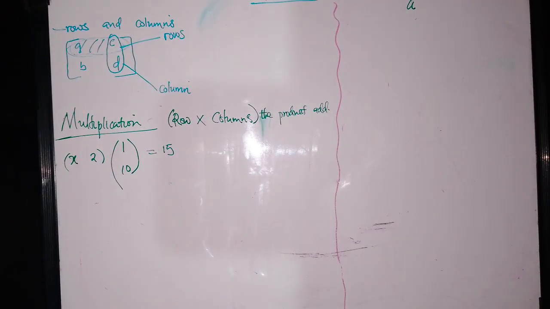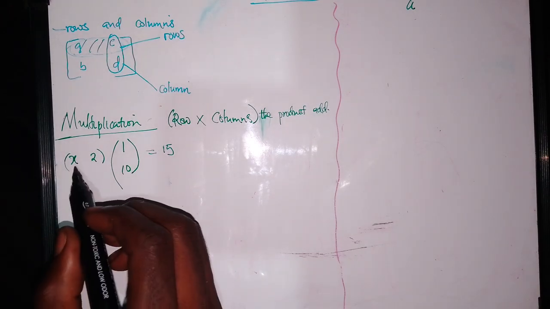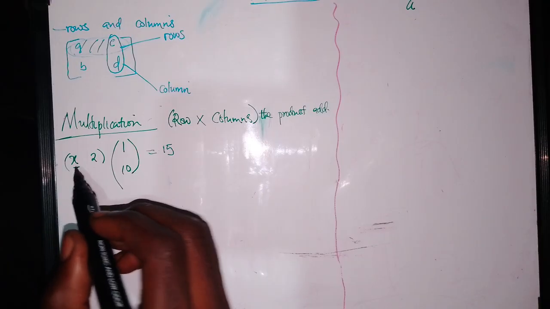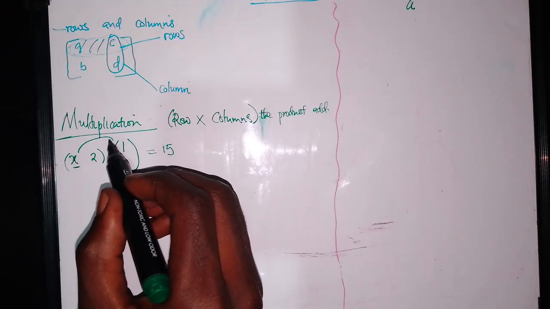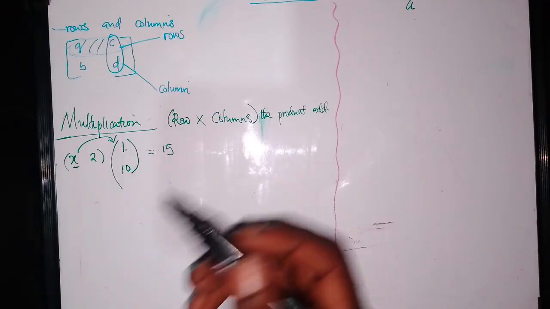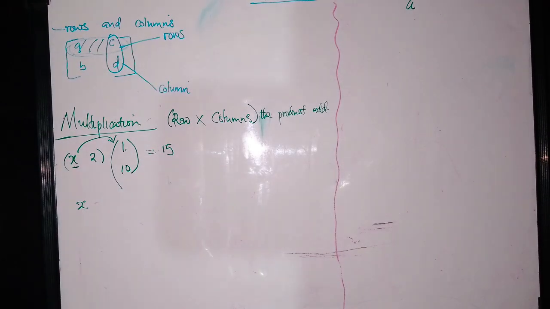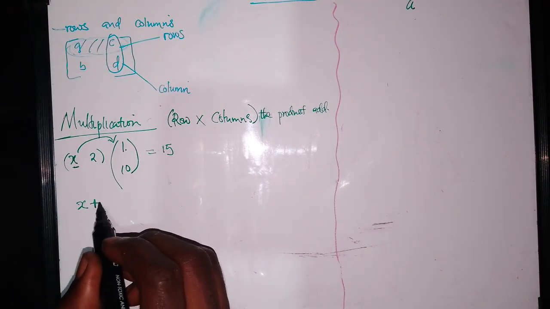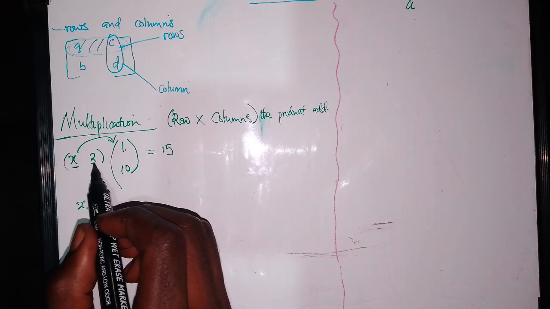So what do we mean? We are saying you multiply row by column. Since this is a row, we are going to multiply it with this column. So we say x times 1, we have x, plus, you move on to the next row.